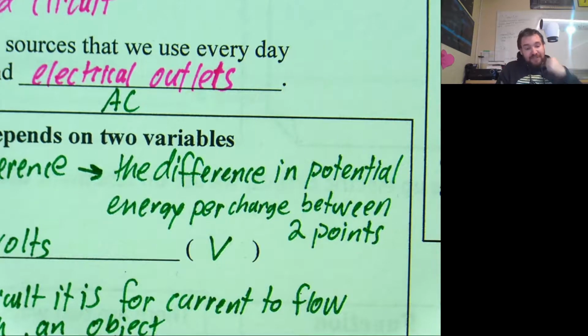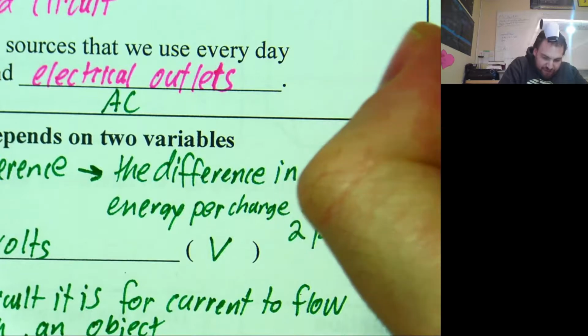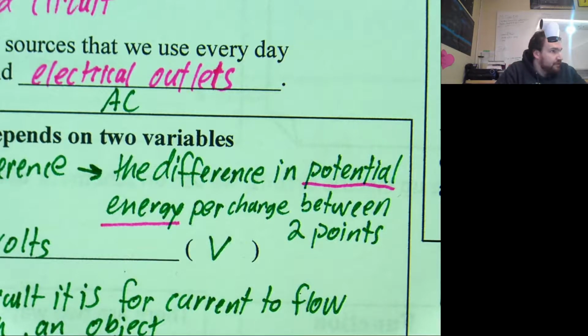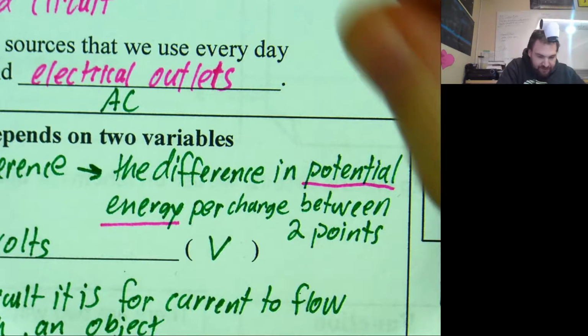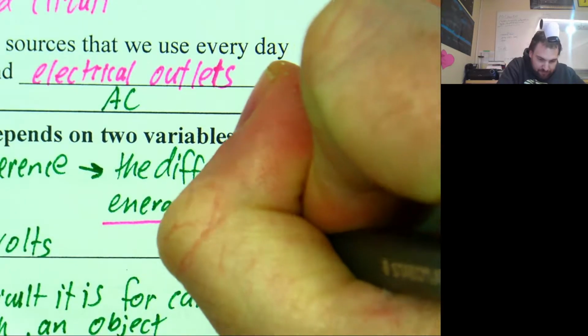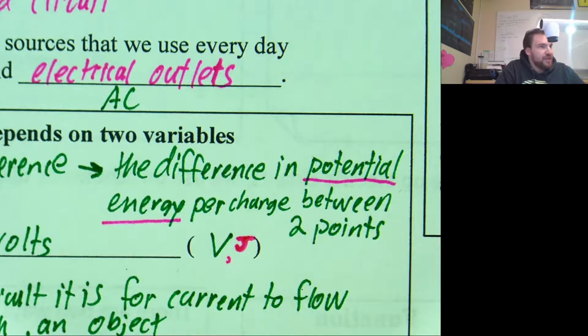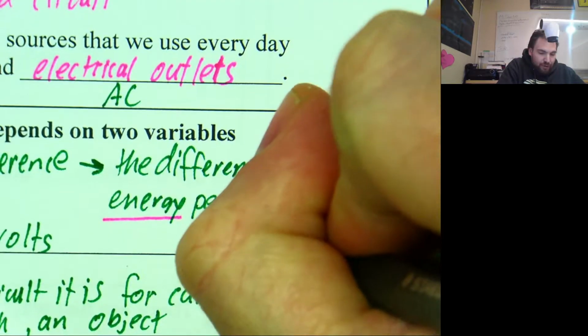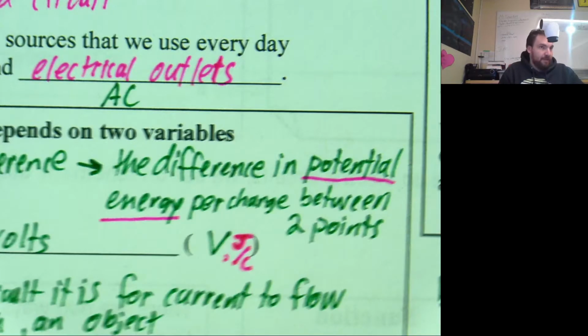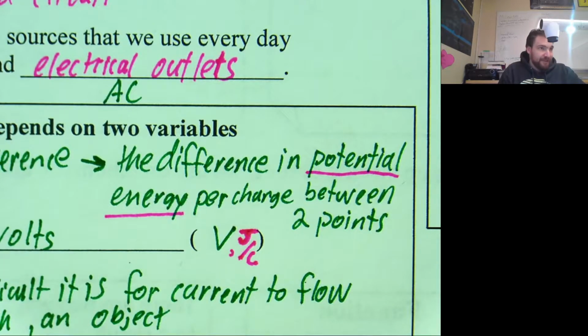So potential energy is also measured in what units? Joules, yes, joules. Per charge, and charge is measured in coulombs. So a volt is actually equal to a joule per coulomb. It would have been useful if I wrote that down last week.